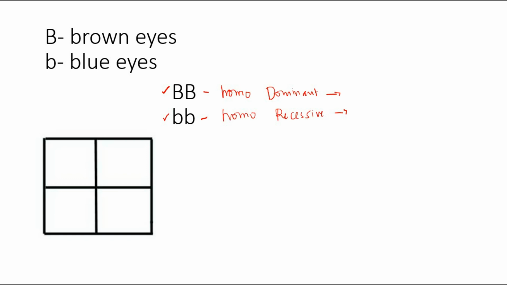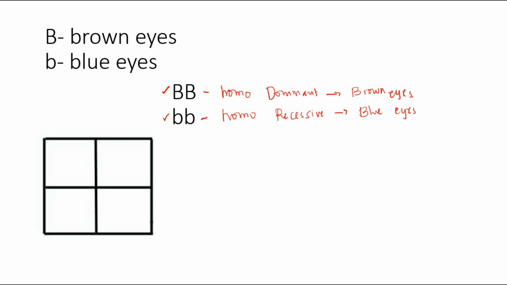So if you interpret the alleles or genotype into their traits, the first parent, which is homozygous dominant, basically has brown eyes. And the second parent, which is homozygous recessive, will have blue eyes.